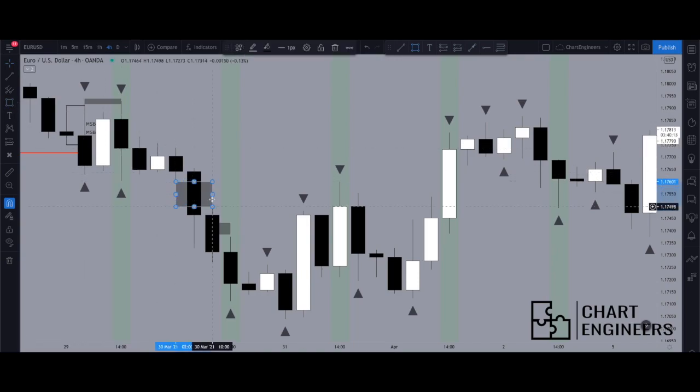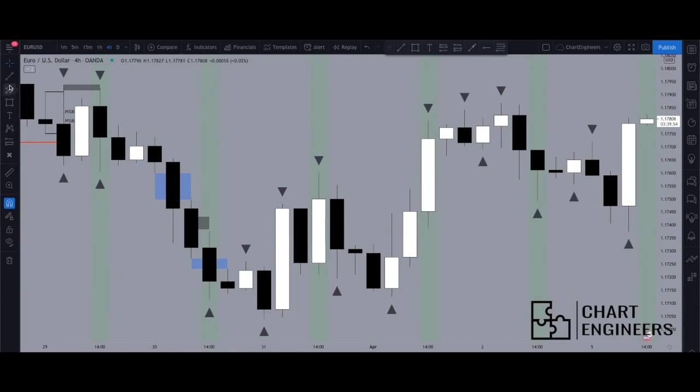So over here we have a fair value gap, and then we've got another one over here. So two fair value gaps, even though price does look bearish. We've got fair value gaps where a lot of liquidity is, so price may want to go higher like it does here.